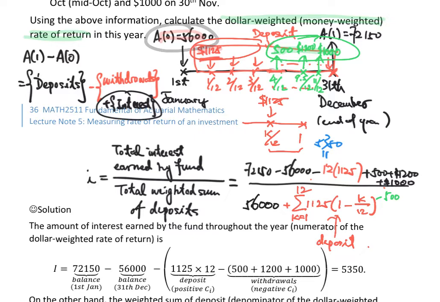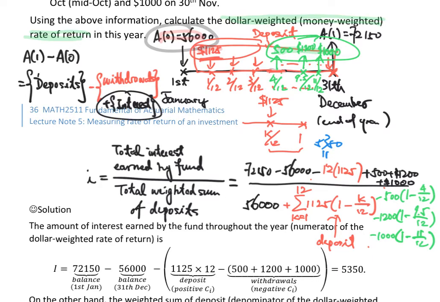Let's say for the first one, it stays in the account for 8 months, so you have this. Then for the second one, that will be 1 minus 2 over 12. And for the last one, 1,000, that will be 1 minus 11 over 12.